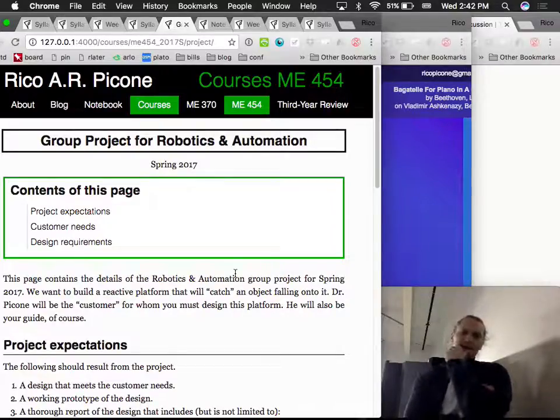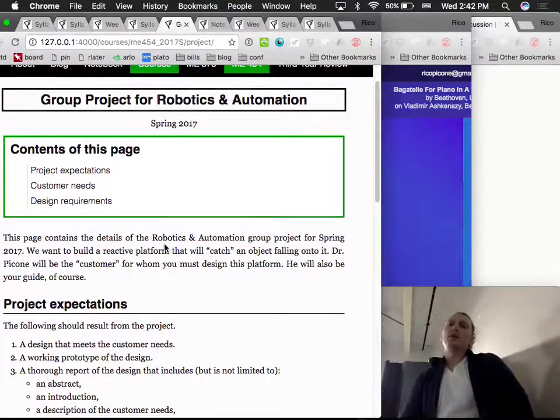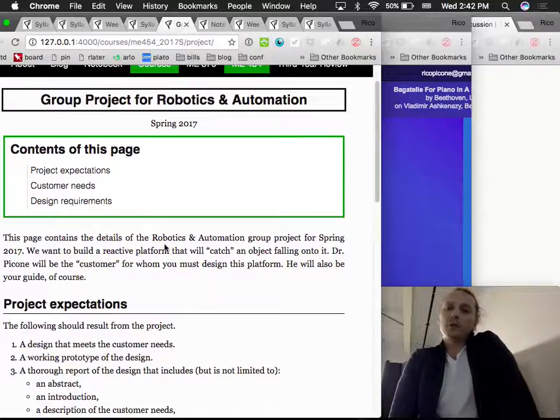This is the page that you get if I click on it from the syllabus, the group projects page. It contains the details of the group project. We want to build a reactive platform that will catch an object falling onto it. I'm going to be the customer for whom you must design this platform.